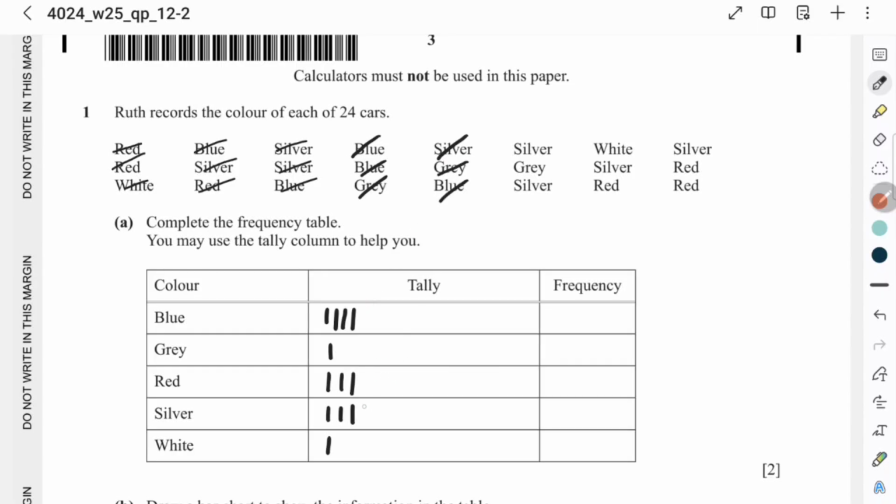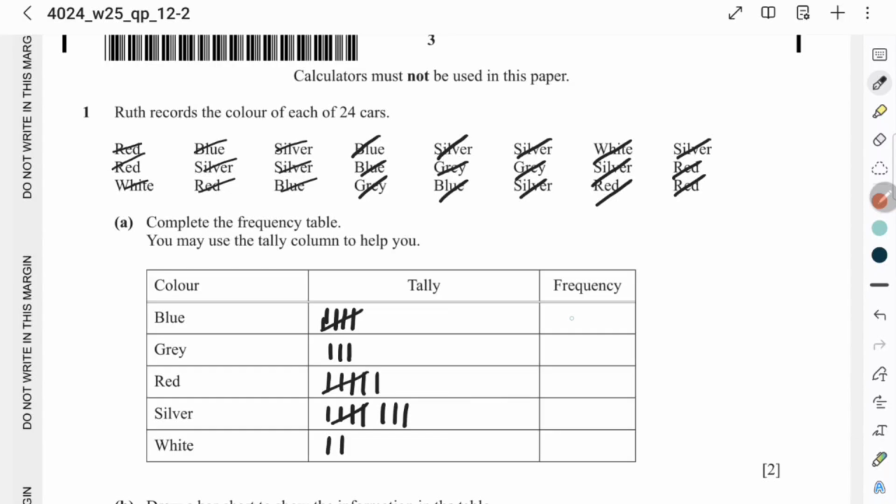Then you will have silver, gray, and blue, then silver, gray, silver, silver, gray, and then one more silver, white, silver, red. Then you will have white, silver and red, silver, red, red. So you will have silver, red, and then one more red.